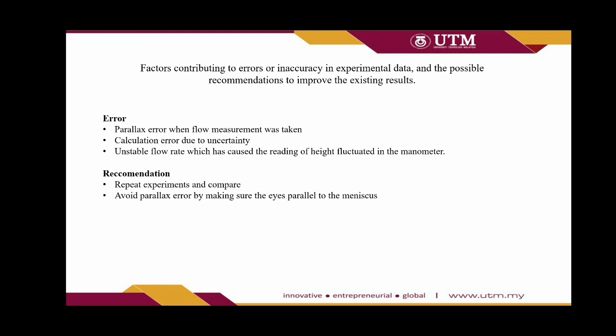The recommendation to improve this is to repeat the experiment, compare and take the average value, and avoid parallax error by making sure the eye is parallel to the meniscus when taking the reading. Okay, so that's all from me.